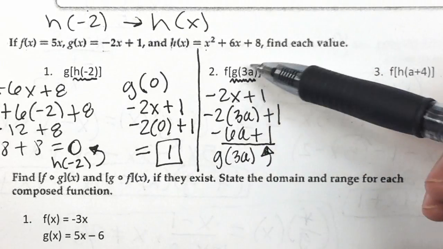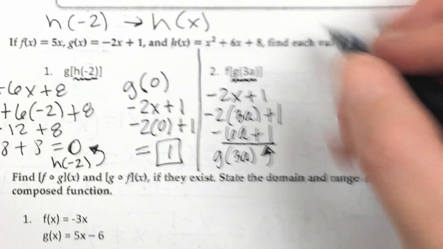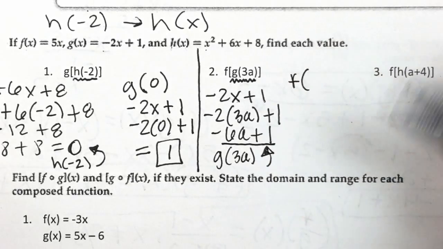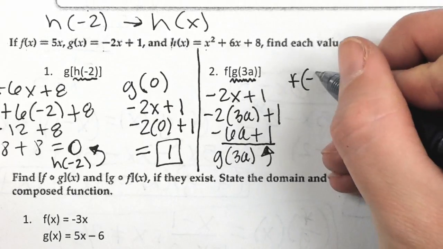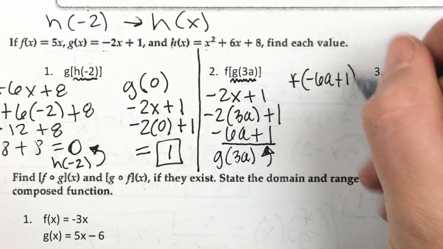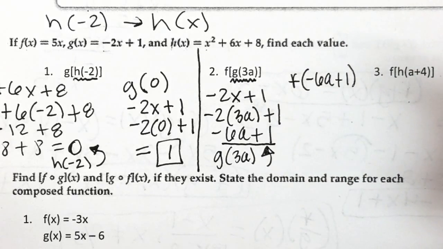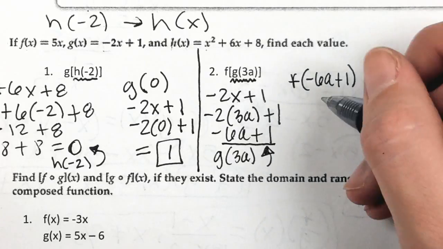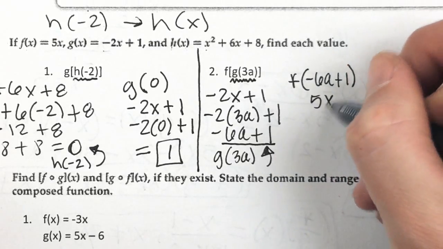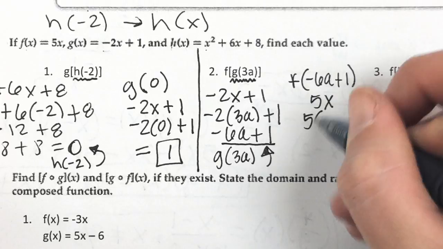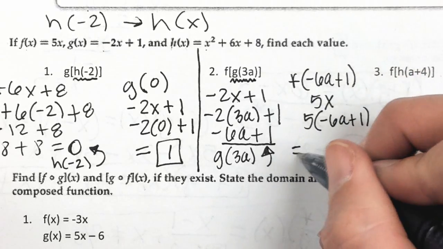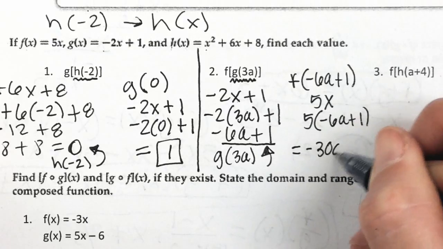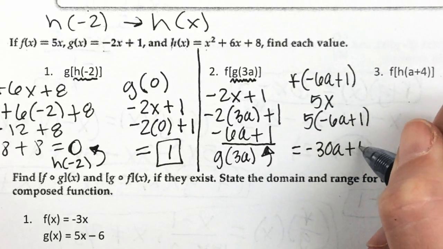So now we can go back in the original, and we can put f, and in parentheses now we can put what? Good. This indicates now we're dealing with what function? F, which is 5x, and they want us to replace x with? Perfect. So our final answer would be plus 5.